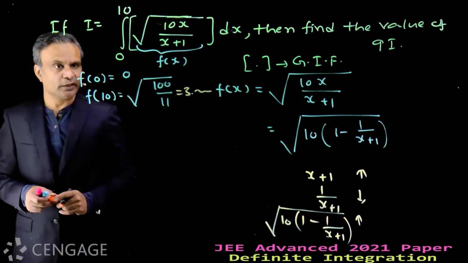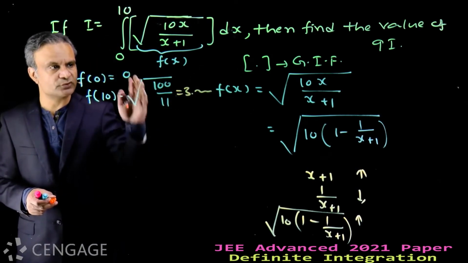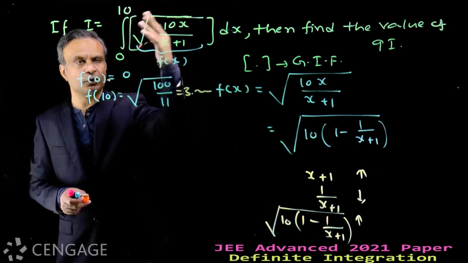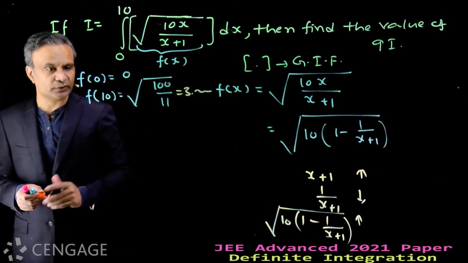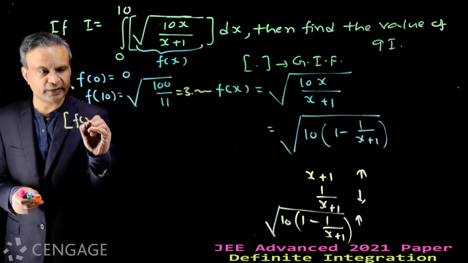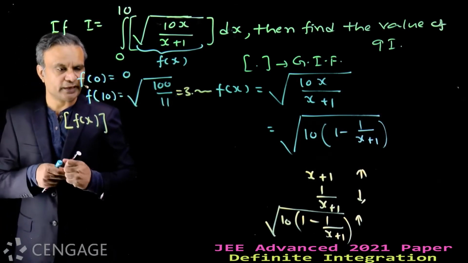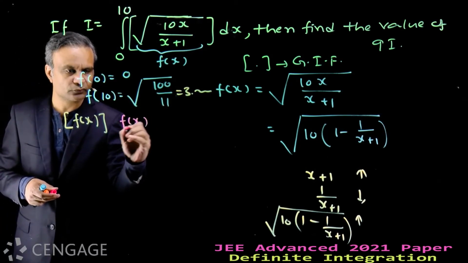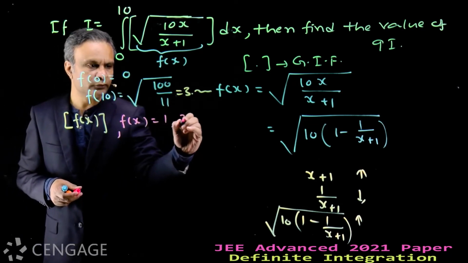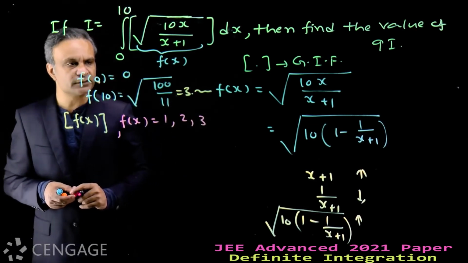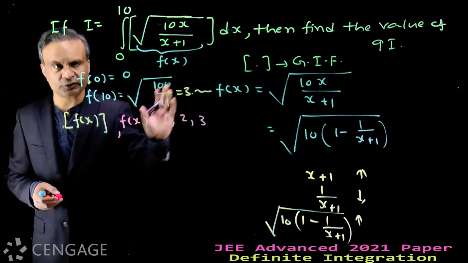So f x moves from 0 to 3 point something when x moves from 0 to 10. So greatest integer of f x will be discontinuous when f x crosses three integers, 1, 2 and 3. There will be three integers in the interval 0 to 3 point something.